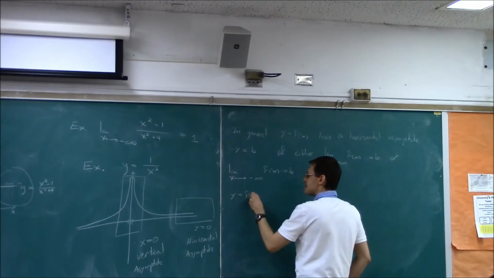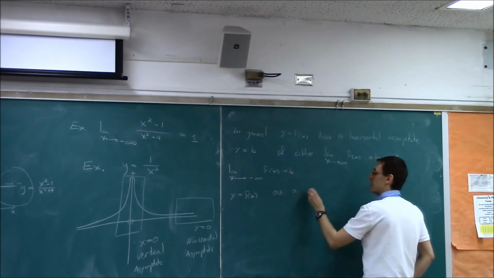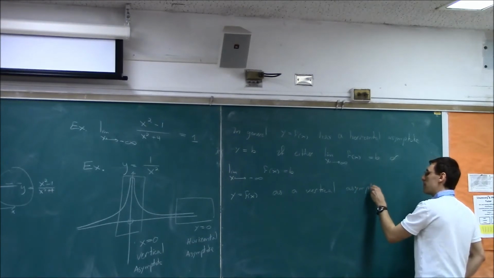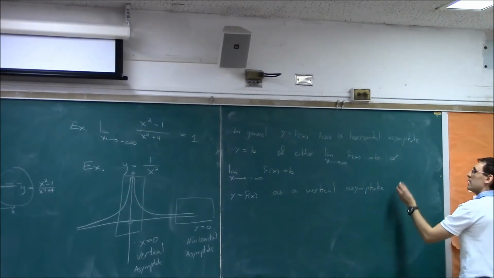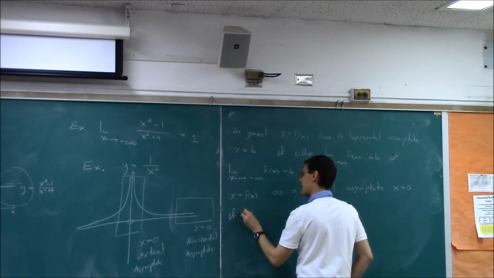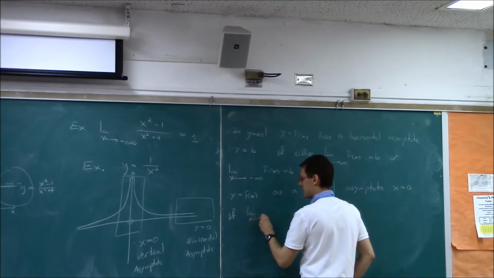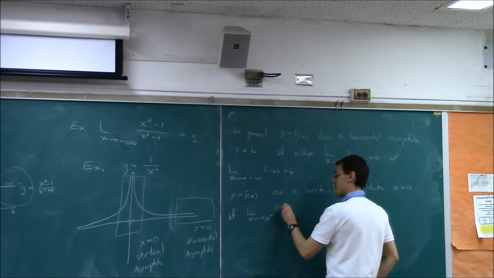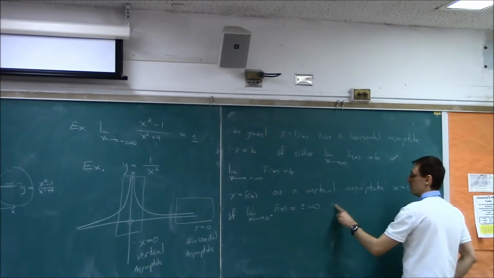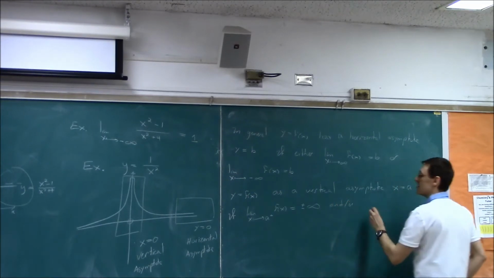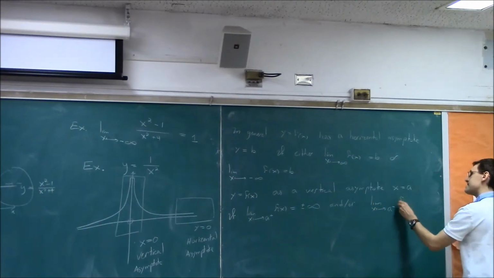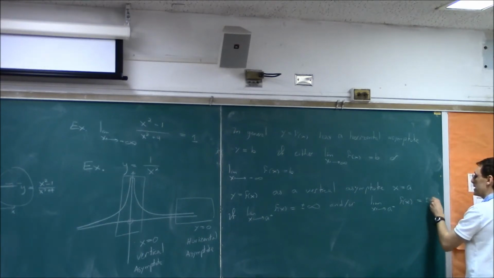Y equals f of x has a vertical asymptote x equal to a if limit as x goes to a plus of f of x is equal to plus or minus infinity, and you can say and or, limit as x goes to a minus of f of x is equal to plus minus infinity.